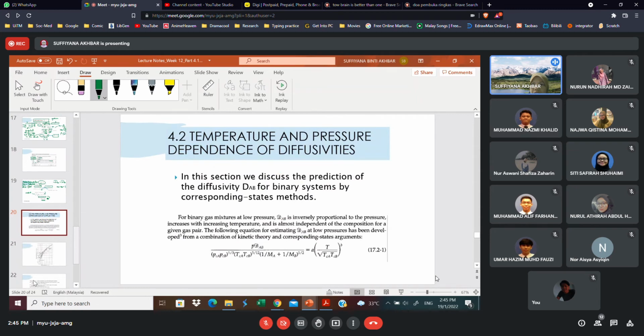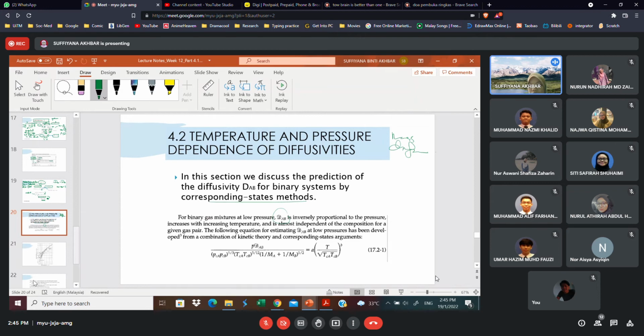Okay, now we want to estimate the DAB. Kenapa? DAB is a mass diffusivity, the apa tadi kita panggil? The transport property. So in this section we discuss the predictions of the diffusivity DAB for binary system by corresponding state method by using the figure lah. For binary gas mixture at low pressure, DAB is inversely proportional to the pressure, increases with the increasing temperature and is almost independent of the compositions for a given gas pair.